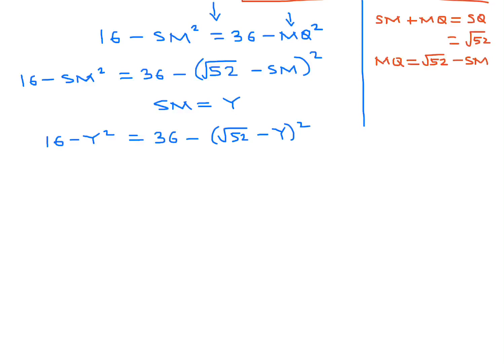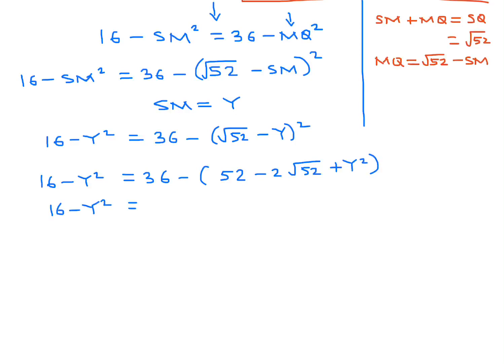So we have to now solve for this. 16 minus y squared is equal to 36 minus 52 plus 2 root 52 y minus y squared. The y squareds disappear because they're the same on both sides. This should be a y, sorry, right there. Don't make that mistake.